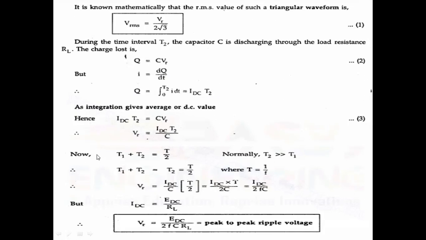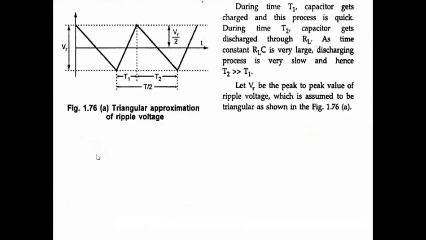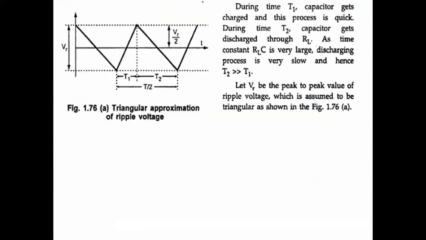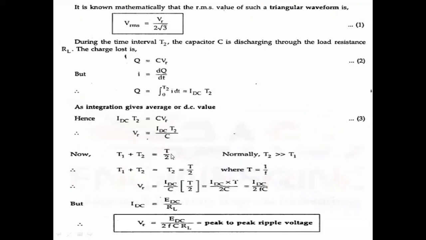Now T1 plus T2 is equal to T by 2. Normally T2 is greater than or equal to T1.